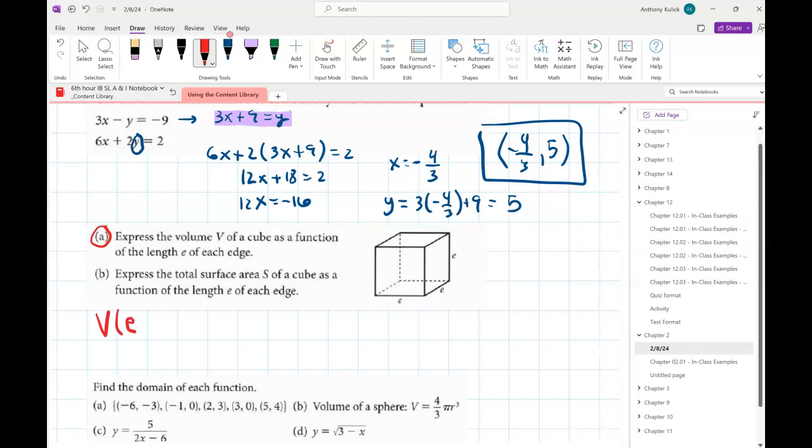So in each of those cases, length, width, height. So my function notation, V of E would equal E cubed. Is everybody okay with that? So I used the function notation there. That doesn't mean V times E. That means V as a function of the variable E. Okay.